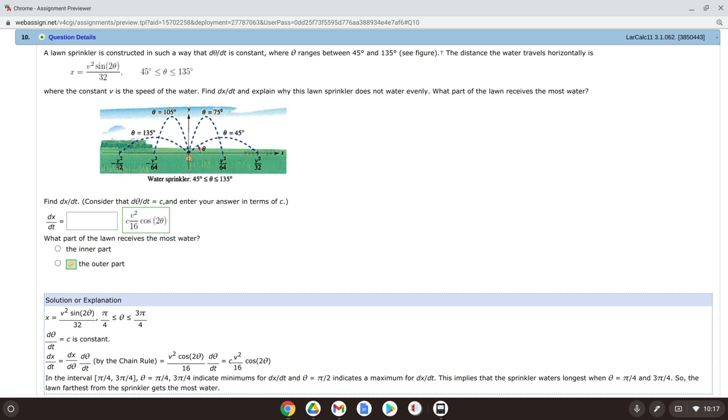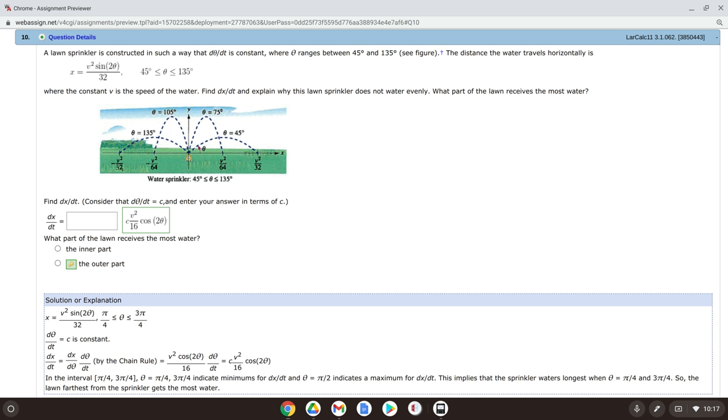Here's where I can say, well, d theta dt is a constant, so we're going to put that in. So you end up getting 2 V squared c over 32 times cosine of 2 theta. And you can see that that simplifies to that.